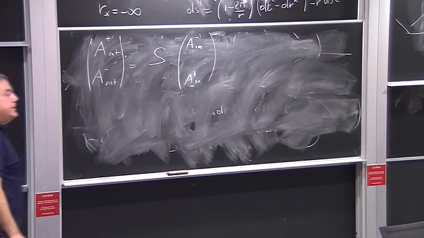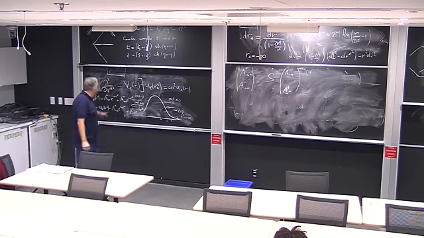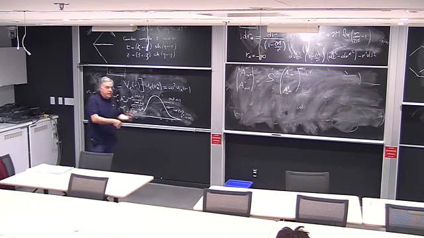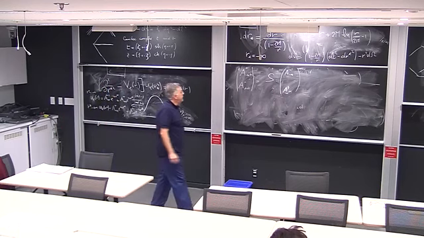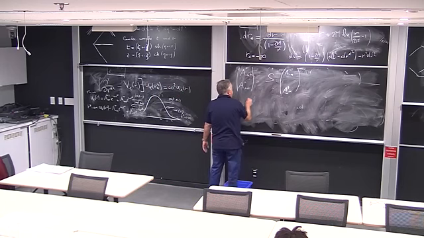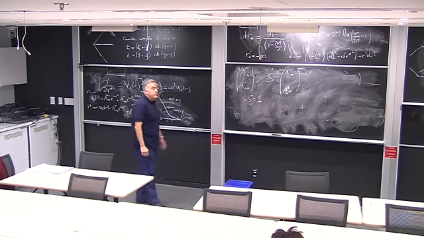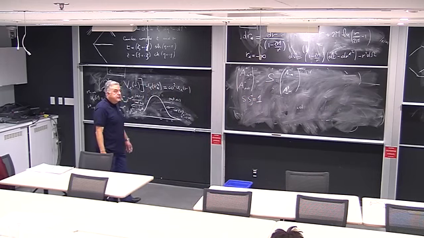Okay, because you need just 2 of these numbers to determine the solution, and you have 4, so they are related by a linear transformation. By conservation of probability, this has to be unitary.